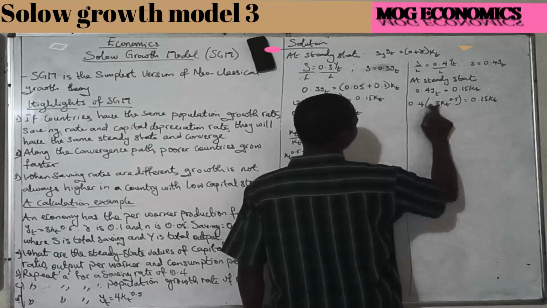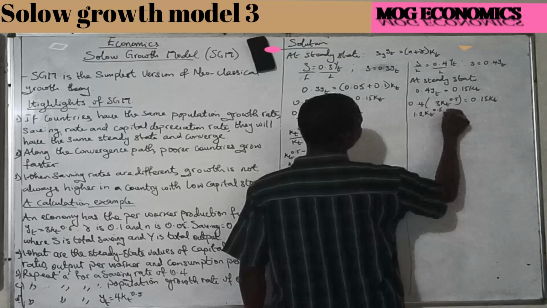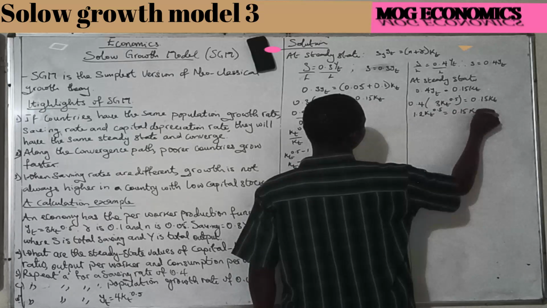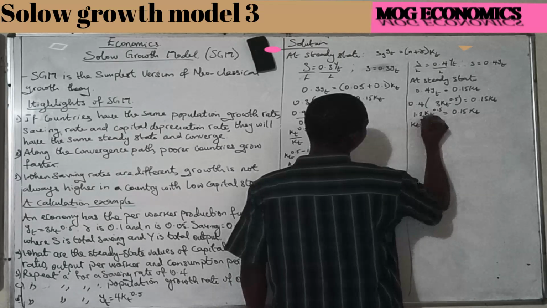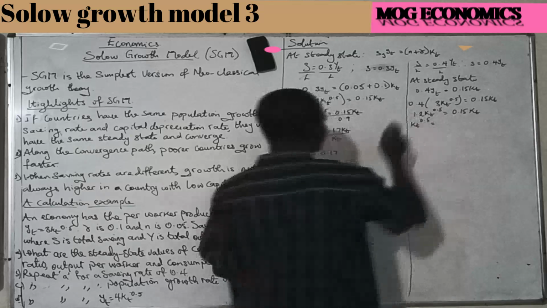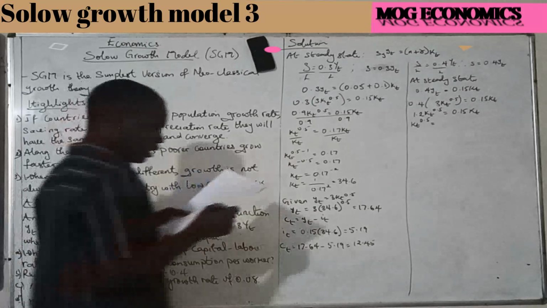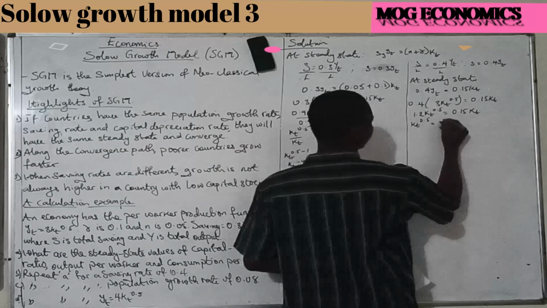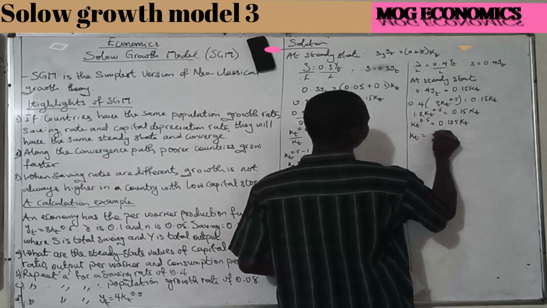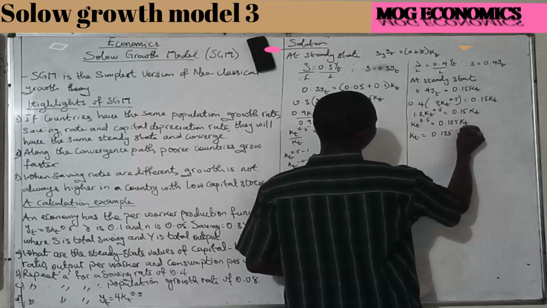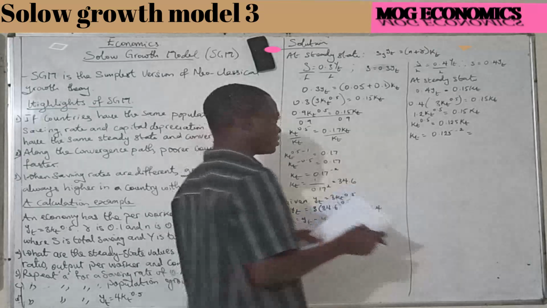KT raised to 0.5 equals 0.15 divided by 1.2, which is 0.125. So KT is now 0.125 raised to power minus 2, and the answer is 64.